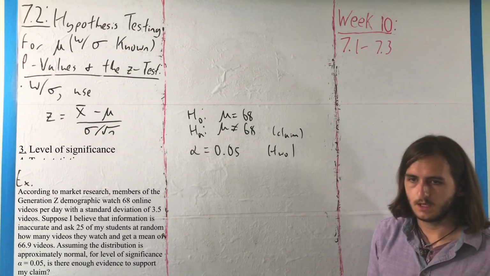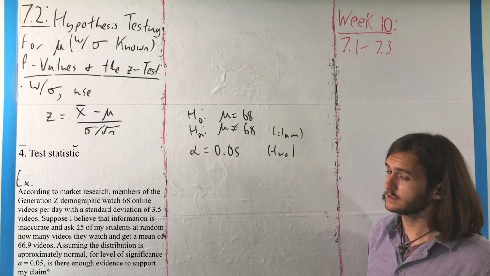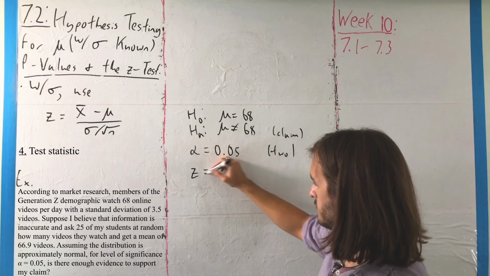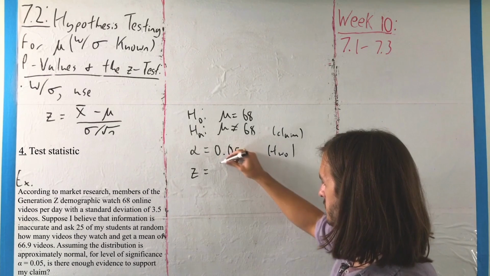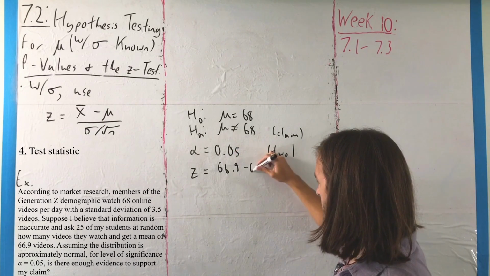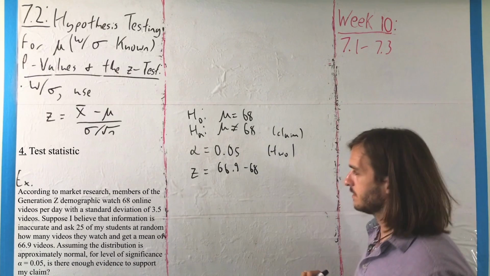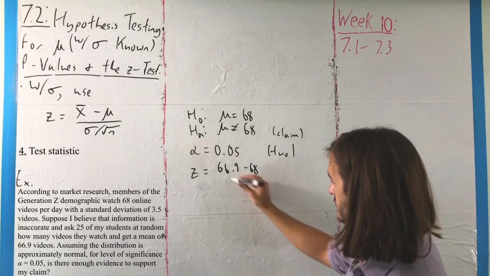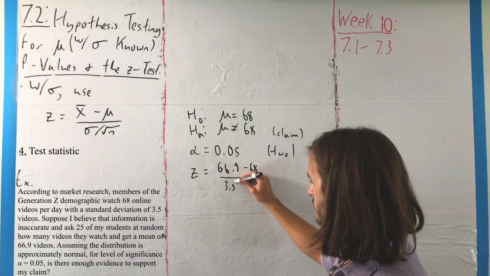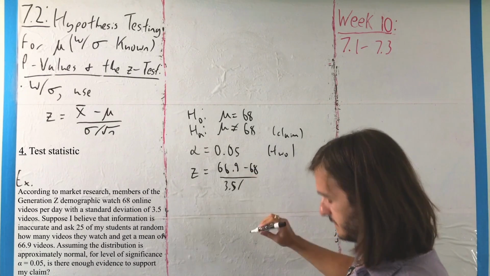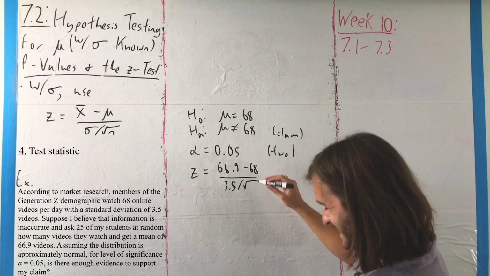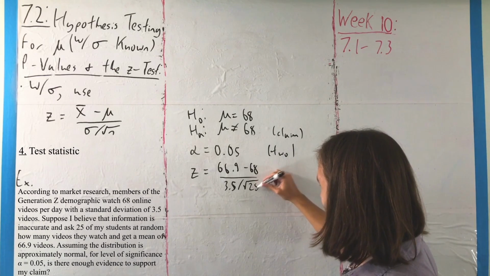So if we want to get our test statistic, we get z equals 66.9 minus that mu value of 68, divided by sigma, 3.5, divided by the square root of the sample size, which here is 25.